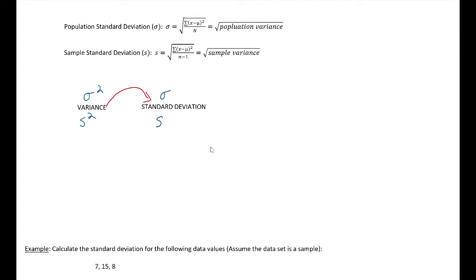Well, as I just told you, you take the square root of your variance. That's what the dot means there. So if you know your variance, you're trying to get to your standard deviation, you take the square root. But what if you know the standard deviation and you're trying to get back to the variance? In that case, you're going to square the standard deviation.